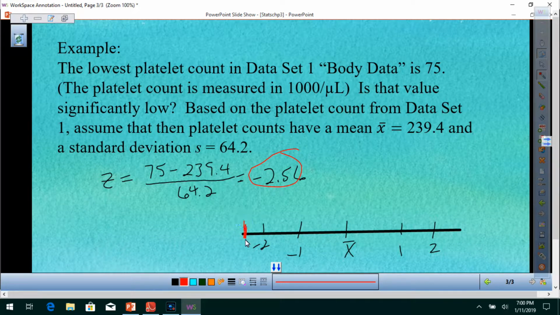It's over here somewhere. So we're going to say that it is significantly low. Later on you're going to learn that 95% of the data is between these two right here, in a normal plot.